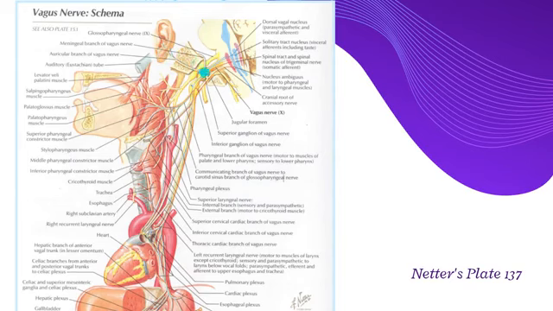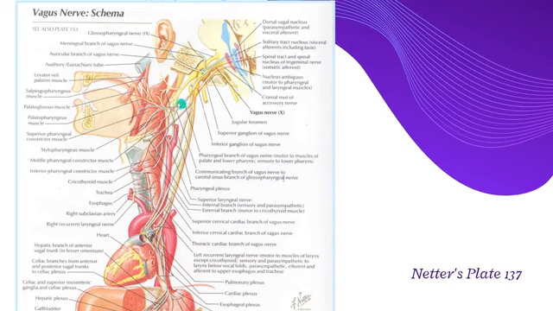Now, if we move on into the neck, we are going to see a few different branches. First off, we'll see the pharyngeal branch of the vagus nerve, which is right here. This is a decent sized branch that is going to have motor innervation to most of the muscles of the pharynx and soft palate.